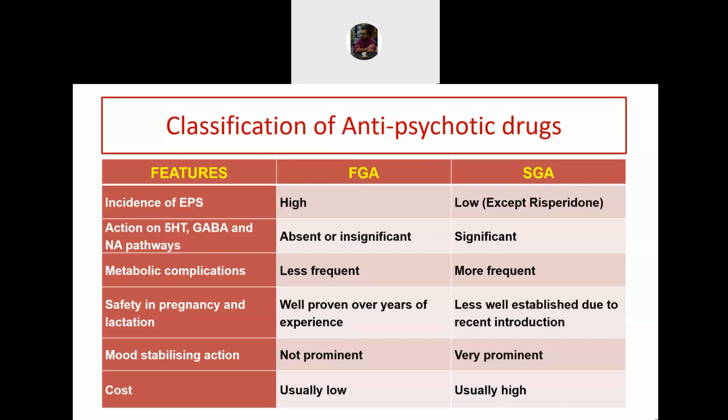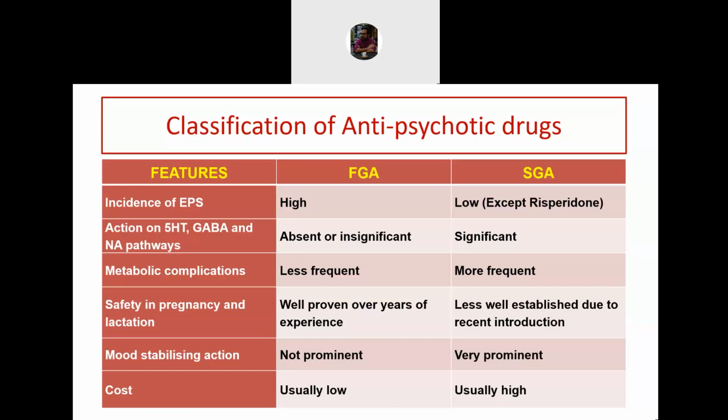There is only one exception, that is the drug risperidone is a second generation agent, but it causes significant extrapyramidal side effect. Otherwise, the basic difference is that the first generation agents cause a high incidence of extrapyramidal side effect like Parkinsonism, and the second generation agents cause a much lower incidence of extrapyramidal side effect like drug-induced Parkinsonism.